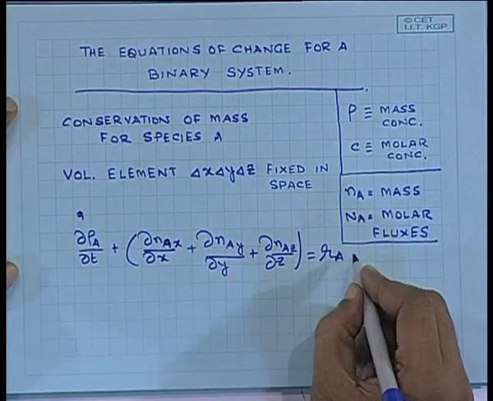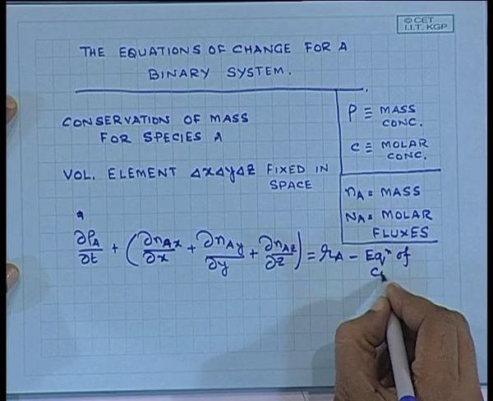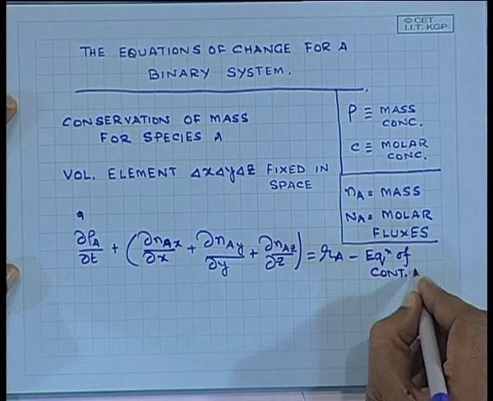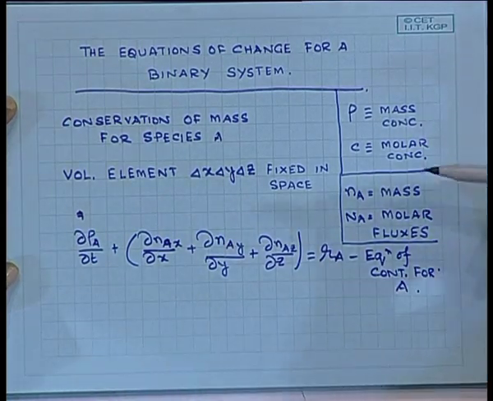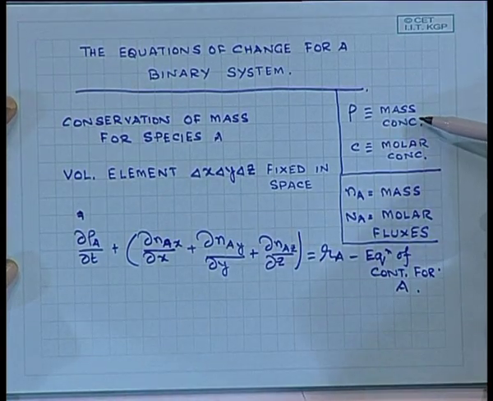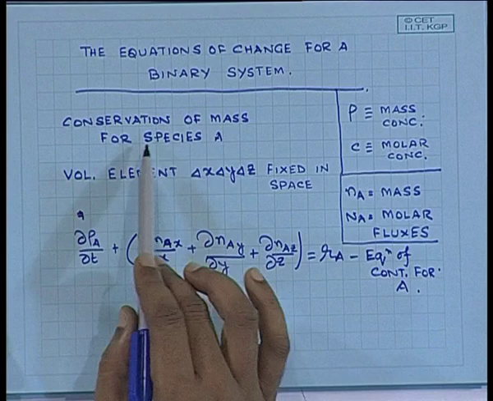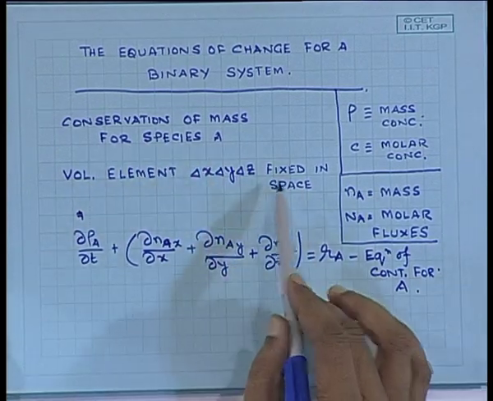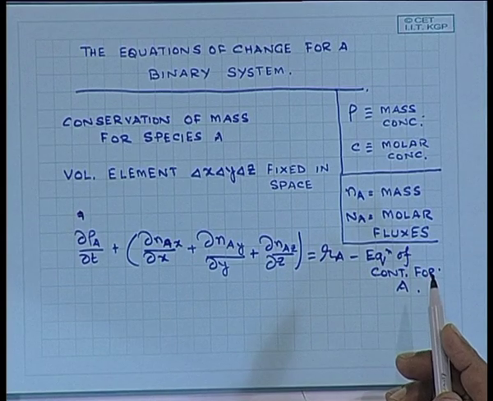So, this is nothing but the equation of continuity for A. And rho refers to mass concentration, C refers to molar concentration. What we are doing is conservation of mass for species A inside a volume element del x del y del z fixed in space.